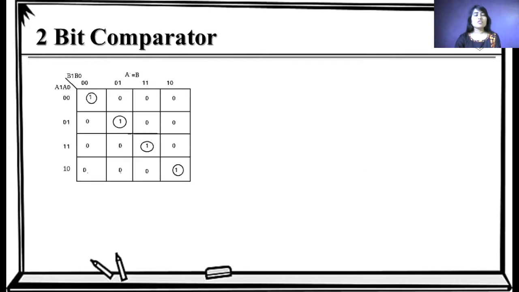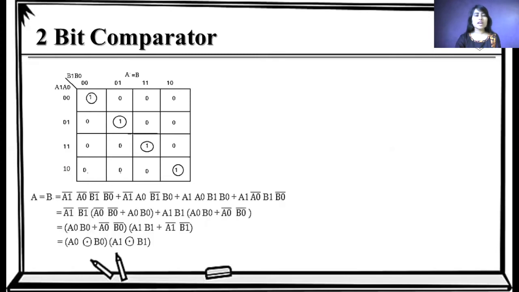Then for A equals B, we have a K-map, and this can be represented as A1' A0' B1' B0' + A1' A0 B1' B0 + A1 A0 B1 B0 + A1 A0' B1 B0'.